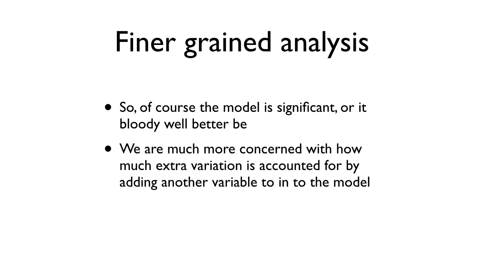So we're much more concerned with how much extra variation, extra unique variation, is accounted for by individual variables. So we want how much unique variation is accounted for in y by adding in another x. So if we had years of education and income, and we added in months of education, that's not accounting for any extra variance, because years are a function of months, right?